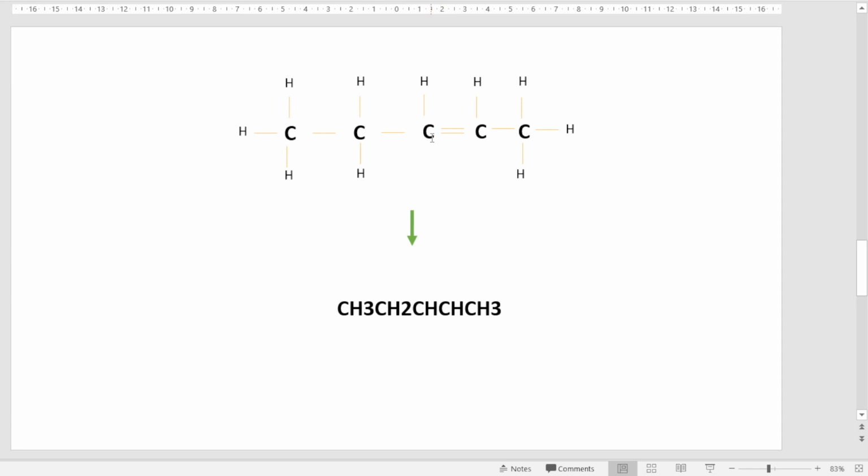For the third, it has a lone hydrogen bond attached to it. The same with the fourth, and for the fifth, it has 3. So if we write this, it is CH3, CH2, CH, CH, CH3.